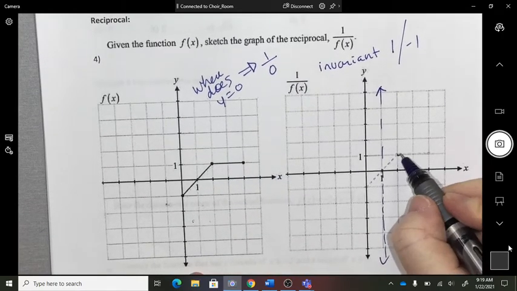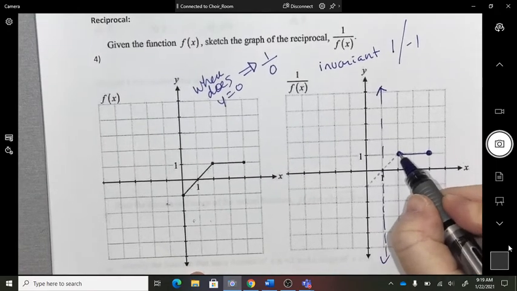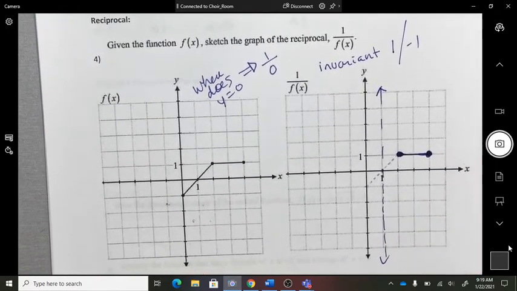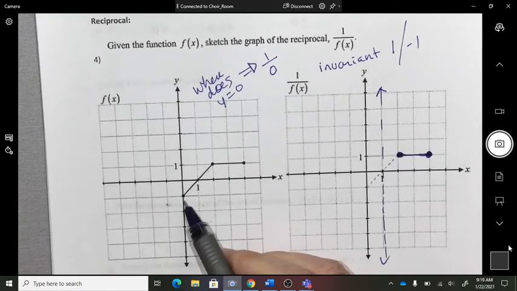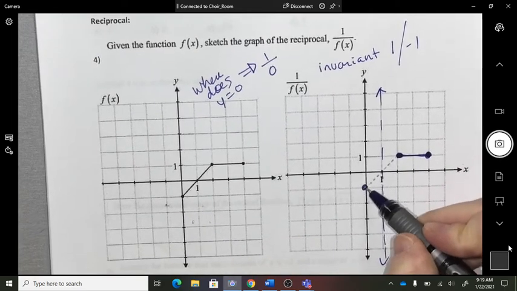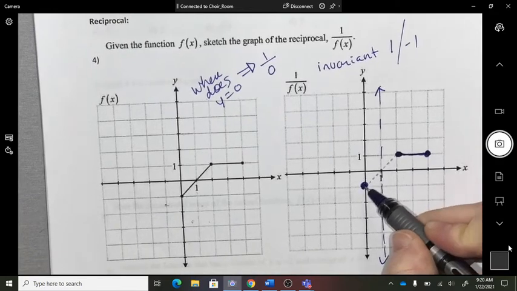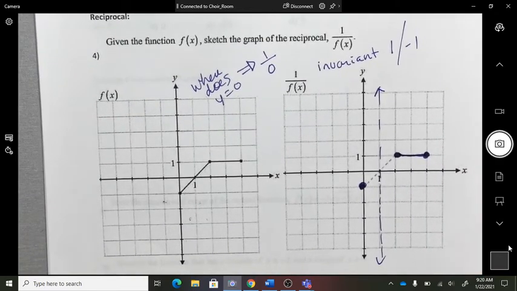It's going to actually stay flat at 1. This ending coordinate was at negative 1, so it's going to stay at negative 1. So all those points didn't even move.